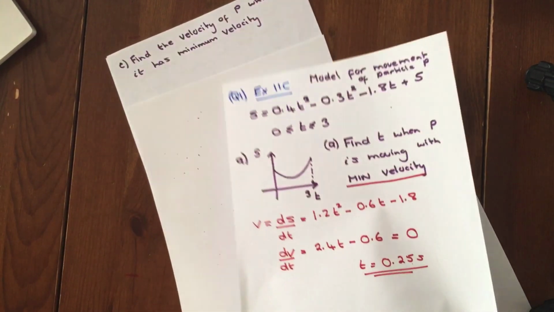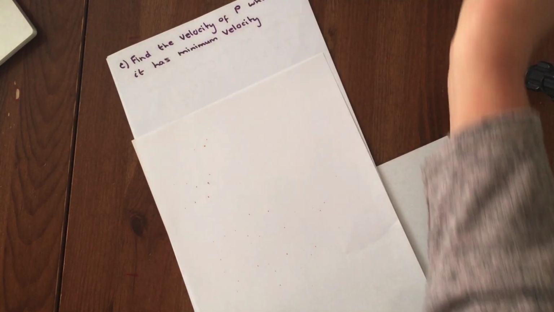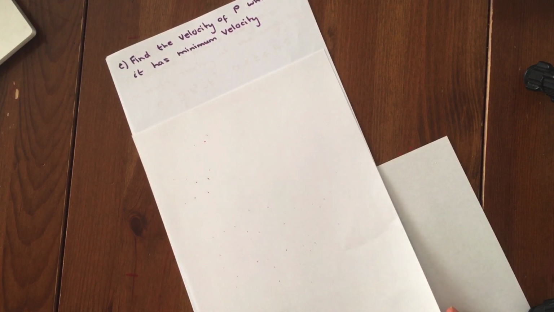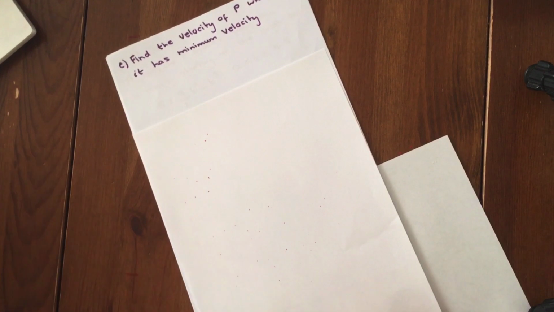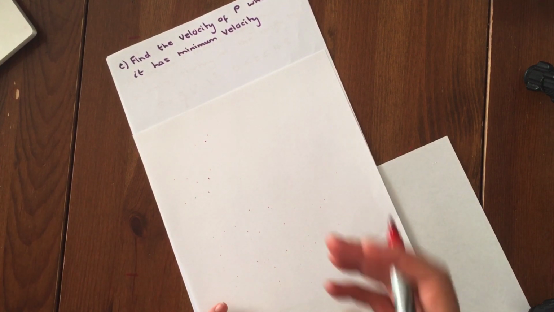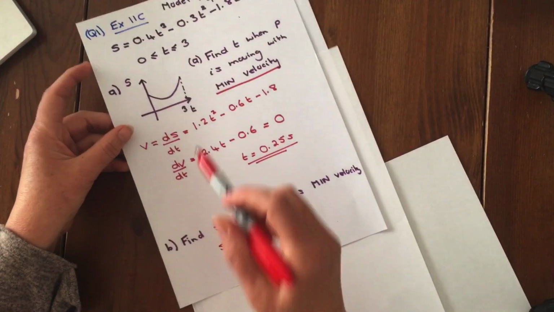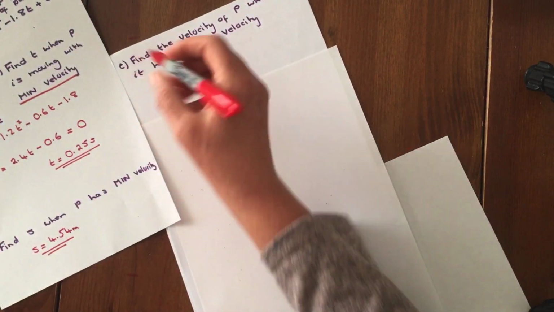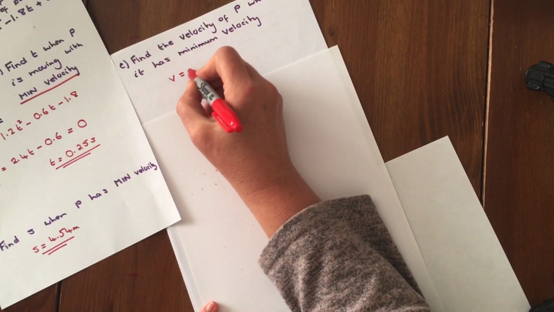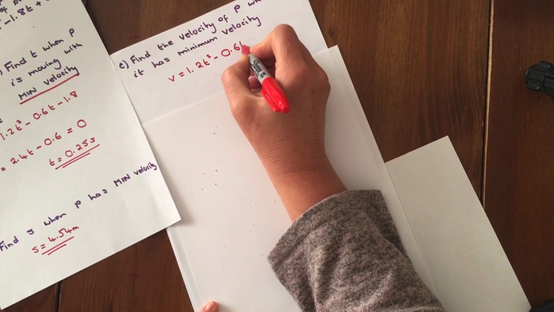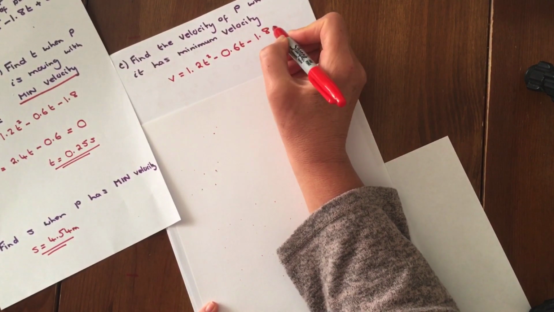Right, part C of this question. Part C says find the velocity of P when it has a minimum velocity. Well, we know when the minimum velocity is, but we want to find v. We already know our equation for v from here. So if I just write that down again, v equals 1.2t squared minus 0.6t minus 1.8.